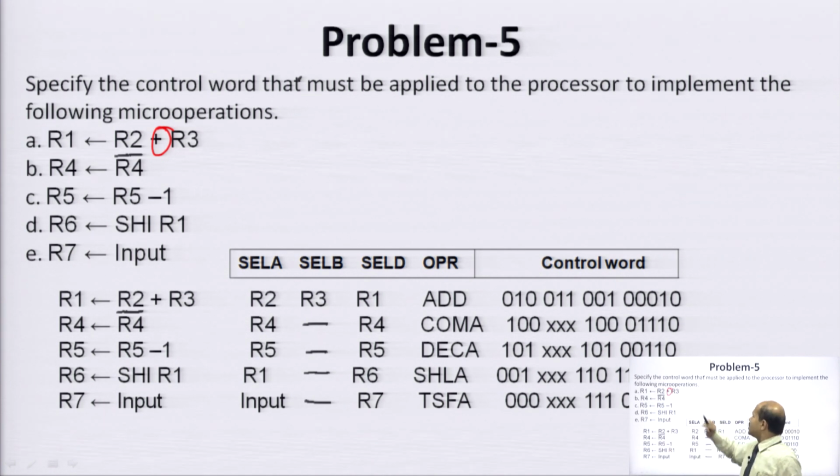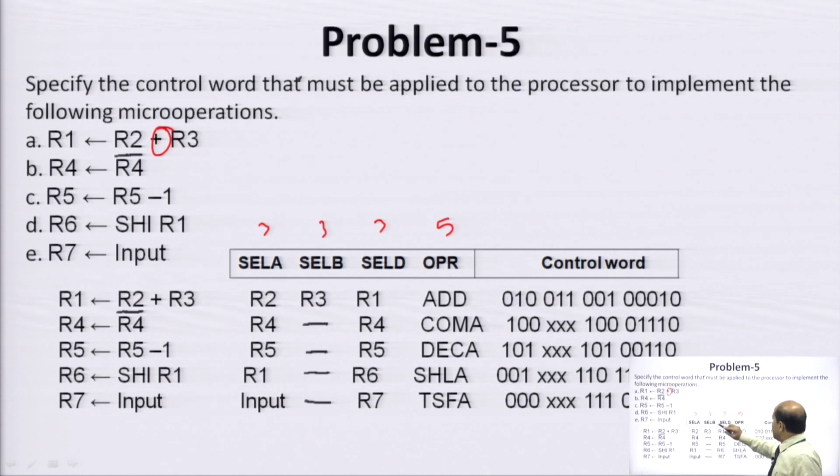Here the operation is add. So, selection A is 3-bit data, selection B is 3-bit data, selection D is 3-bit data and OPR is 5-bit data. Using the combination of these 3, 3, 3 and 5, we can write the control word for a particular operation.